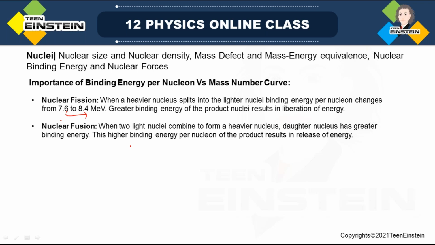So I'll just repeat this: the binding energy per nucleon is smaller for heavier nuclei, that we have seen, that is 7.5 or 7.6 for nuclei greater than 170. So for heavier nuclei, this nuclear binding energy per nucleon is very small.